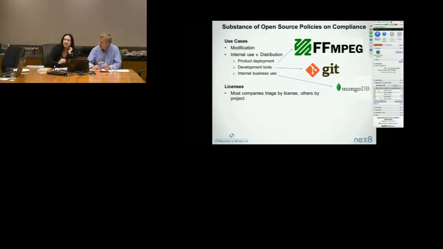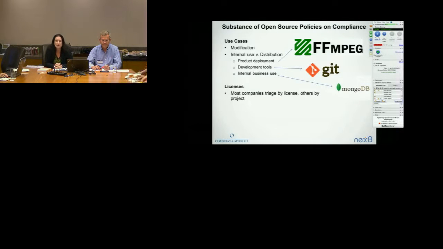So now I'm going to talk a little bit about what the substance of most policies is. This can vary from company to company really quite a bit, depending on what business they're in and what they're doing with software. But this just gives you a general global idea of what companies put in their policies in terms of substance, not in terms of process.